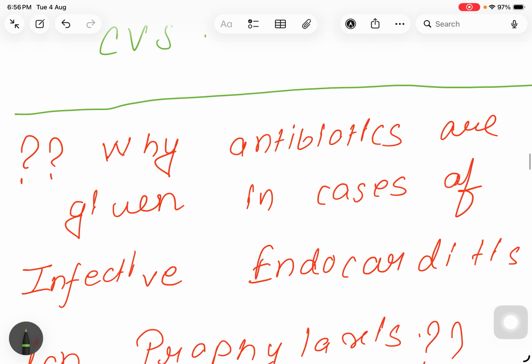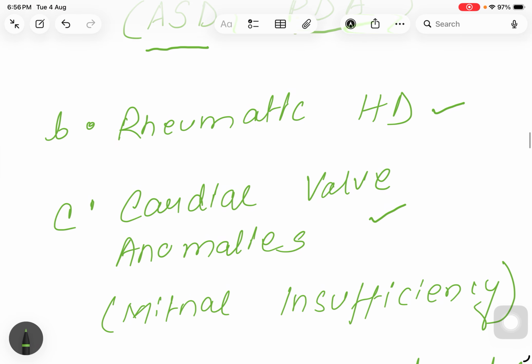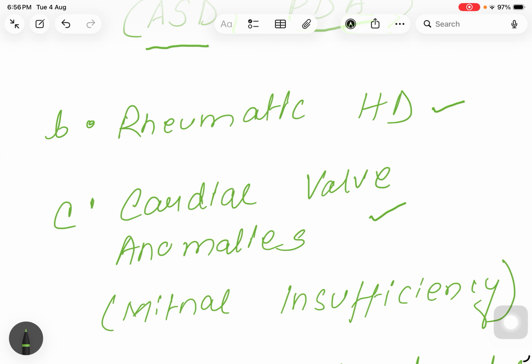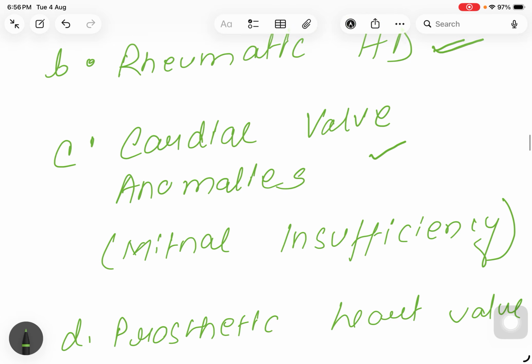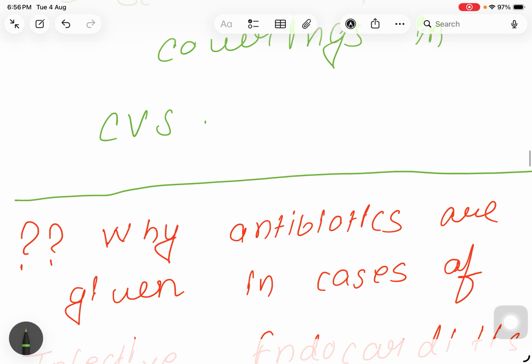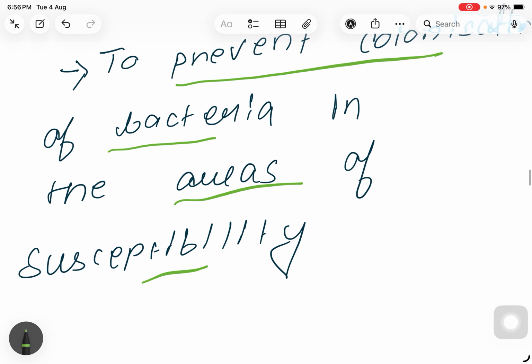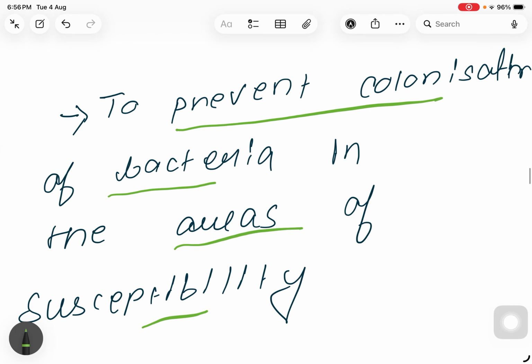If they have these aggravating factors, these are the susceptible areas: rheumatic heart disease, PDA, ASD. So that the bacteria does not colonize here, we give antibiotic prophylaxis, okay, to prevent colonization of bacteria in the areas of susceptibility.